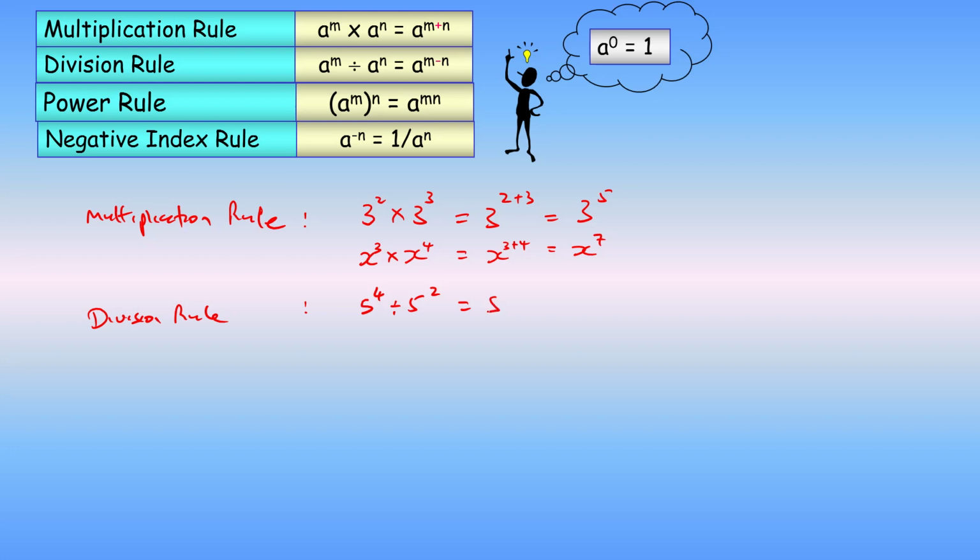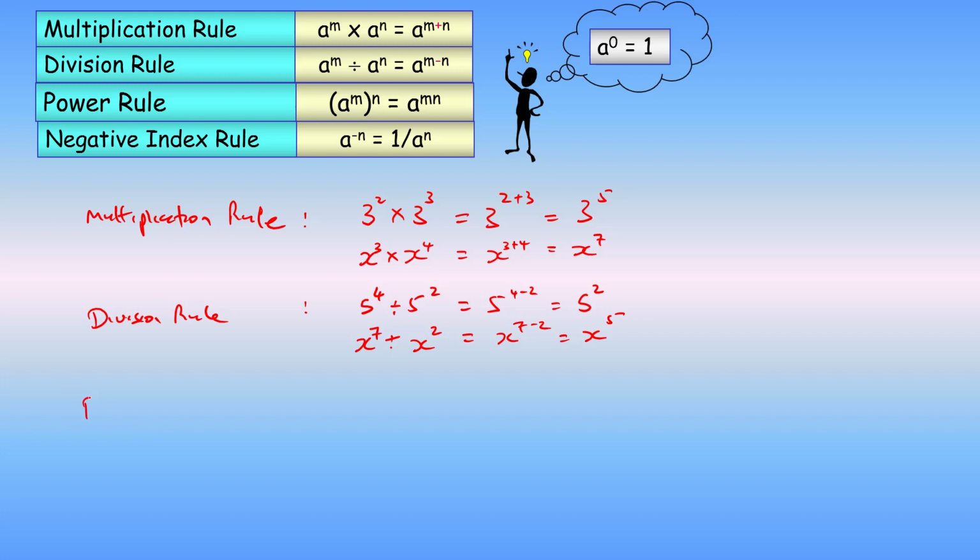That's going to be 5 to the power of, so division rule means we subtract. So it'll be 4 minus 2, which is 5 squared. And if we had terms, so x to the power of 7 divided by x to the power of 2, that would be x to the power of 7 minus 2, which is x to the power of 5.